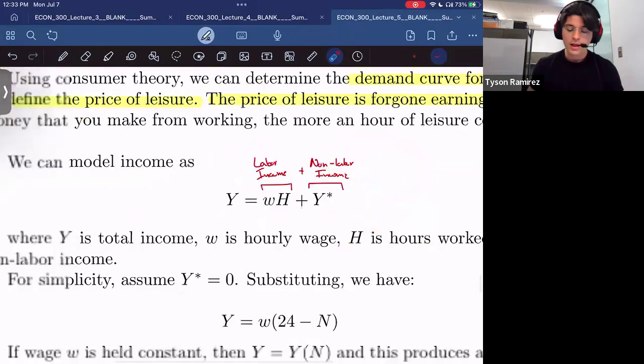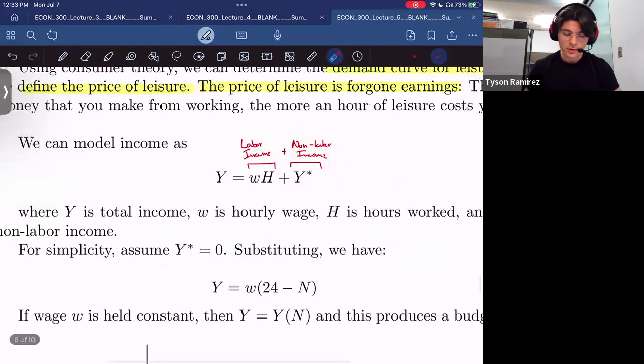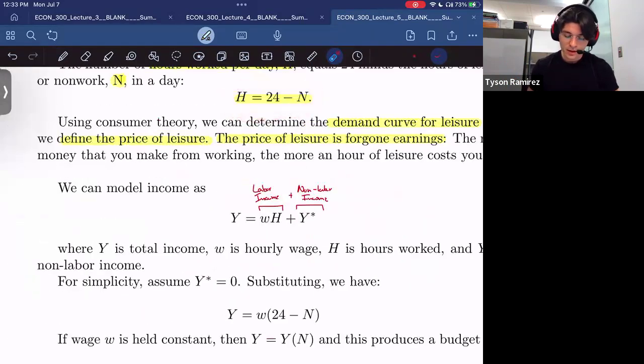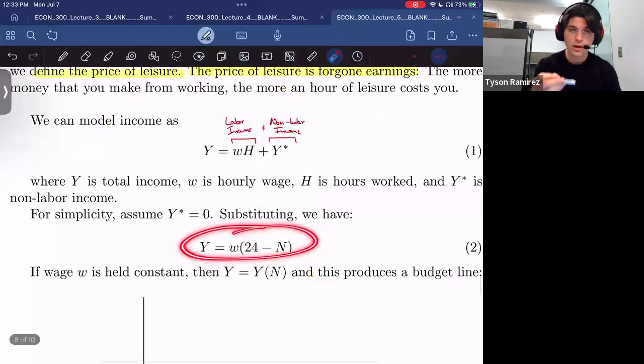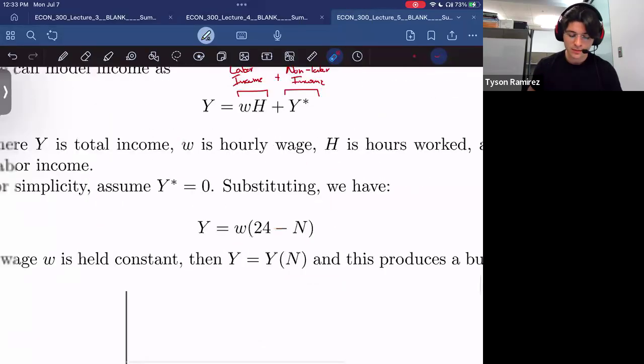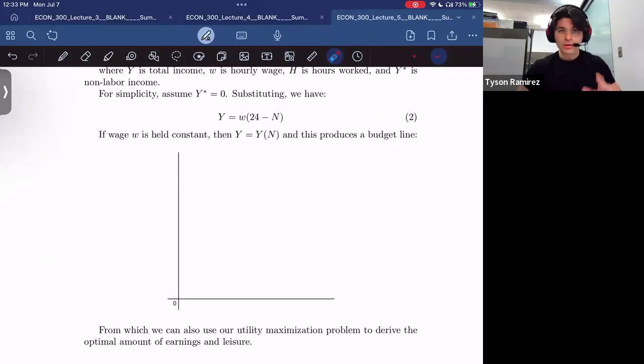If we simplify and say, okay, let this Y star equal 0, and then we substitute what we had above, then we come to this expression. We get Y is equal to W times 24 minus N. And if W is held constant, then this actually produces a budget line.